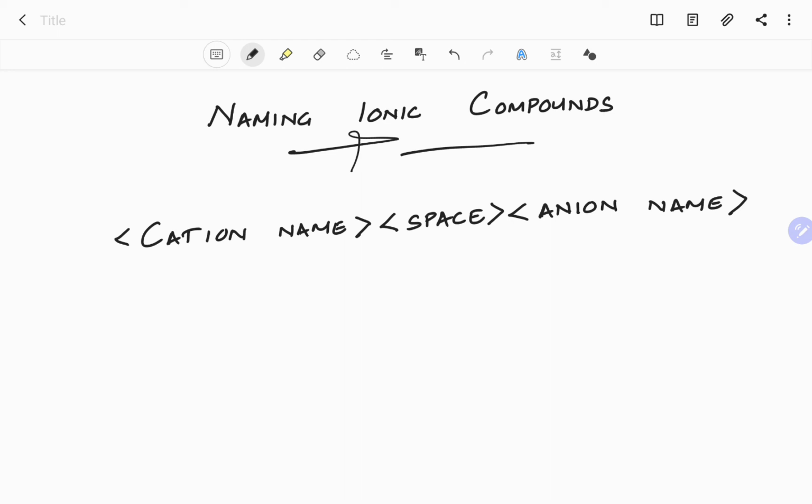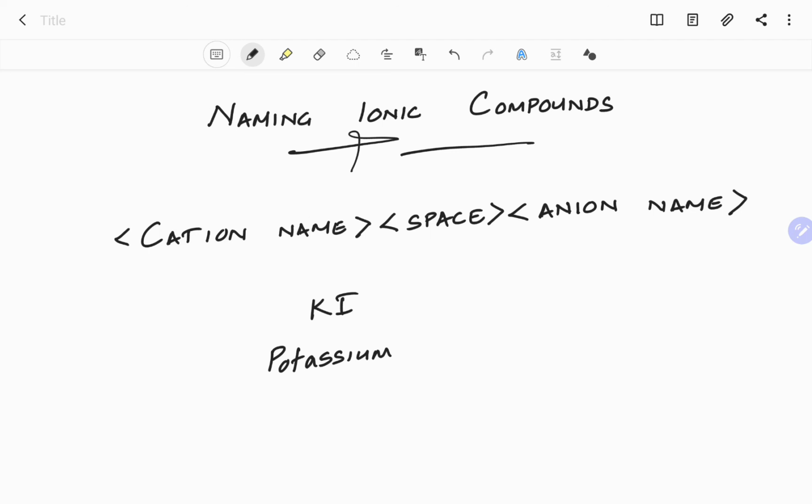As an example, let's talk about KI. In here you have one potassium ion and one iodide ion, right? So the name will be potassium, a space, and the anion name.